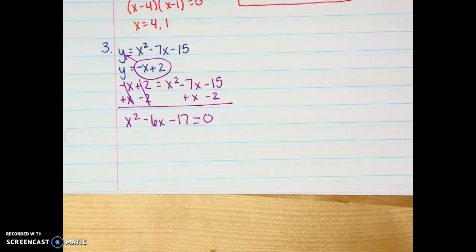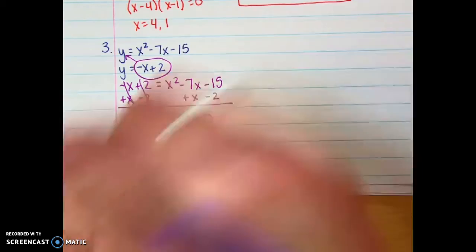Let's see, 17 is a prime number, so there's not really any other numbers to go into it except for 17 and 1, and that will not work. So I guess we're going to have to try something else. Let's try the quadratic formula.